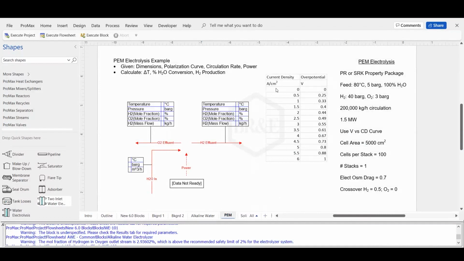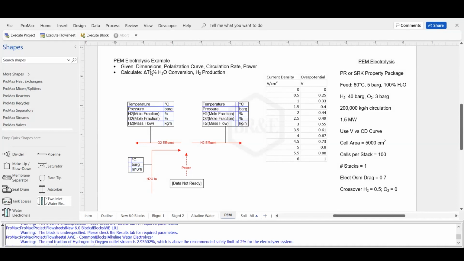In this case, we're not going to supply a single current density and overpotential voltage. We're going to take the polarization curve that we found for this particular piece of equipment. This is the polarization curve that I have. It relates the overpotential voltage to the current density going through the membrane. In this case, we're going to fully define the equipment.